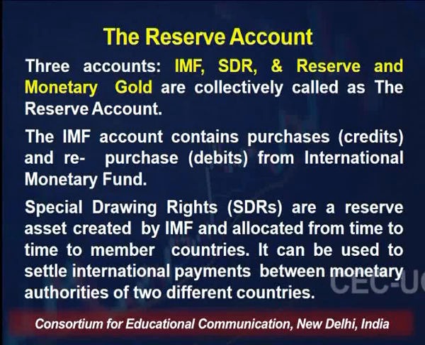The IMF account contains purchases and repurchases from the International Monetary Fund. SDRs are reserve assets created by the IMF and allocated from time to time to member countries. They can be used to settle international payments between monetary authorities of two different countries.